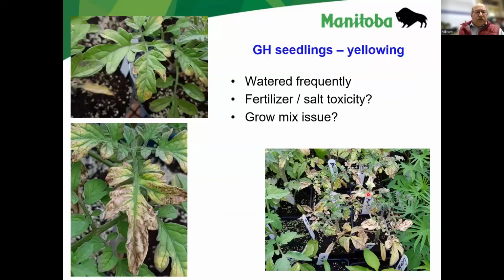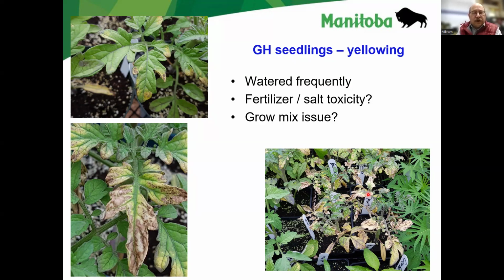Some of the other problems in tomatoes can be on the seedlings that the growers are raising right now. And quite often they feel that everything is going good. They are fertilizing properly, they are watering every day, and still the plants have just turned yellow. The leaves appear to be burnt. What's going on? In this case, I would say, please confirm that you are not overwatering.